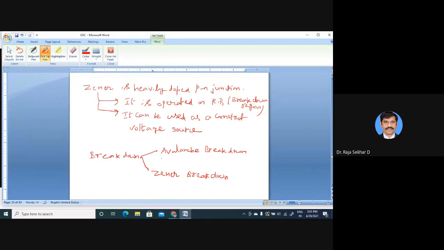Avalanche breakdown occurs in lightly doped junctions. Zener breakdown occurs in heavily doped junctions.